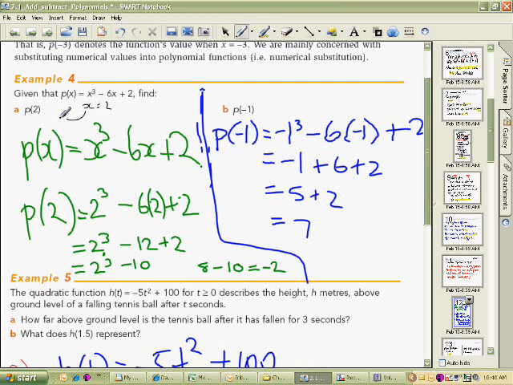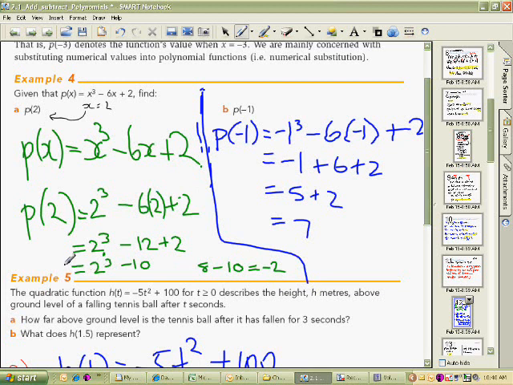Now the way we write that is p of 2, because we replace the x with a value, 2. So it's just simply a matter of saying, okay, well, all the x's everywhere are now 2's. So it becomes p of 2, x cubed becomes 2 cubed, minus 6 times x becomes minus 6 times 2, plus 2, and we work that out and get our final answer.